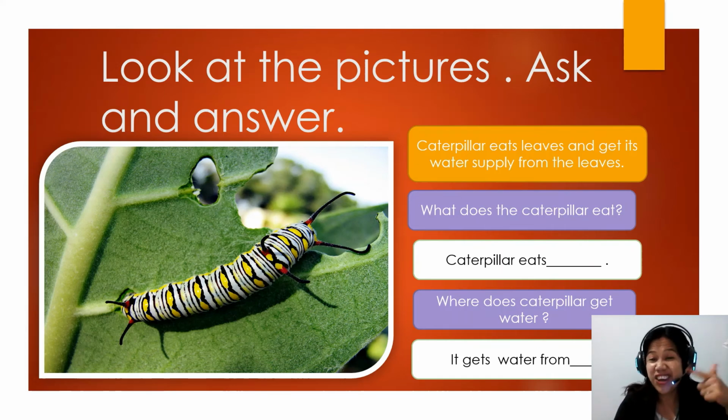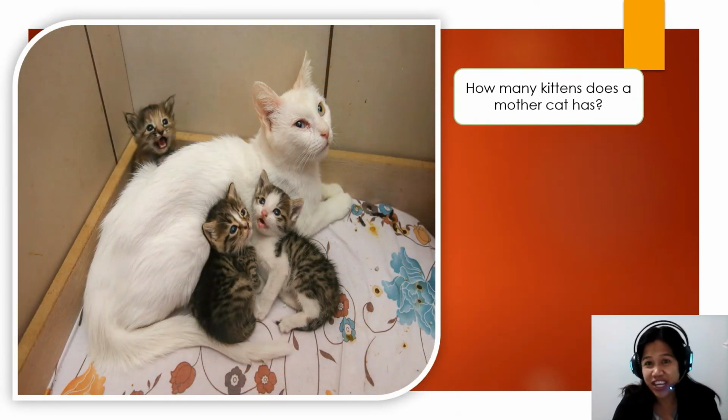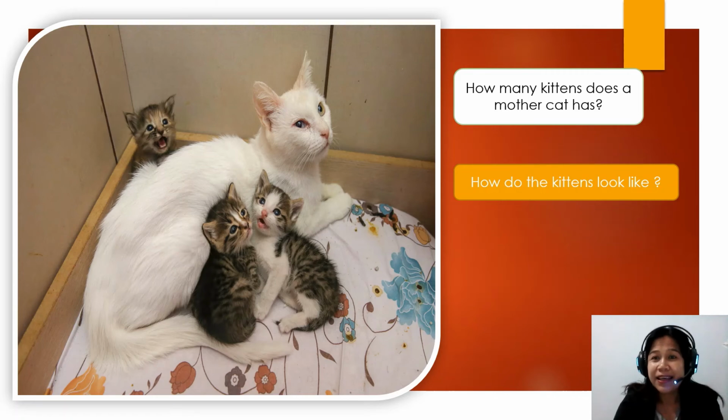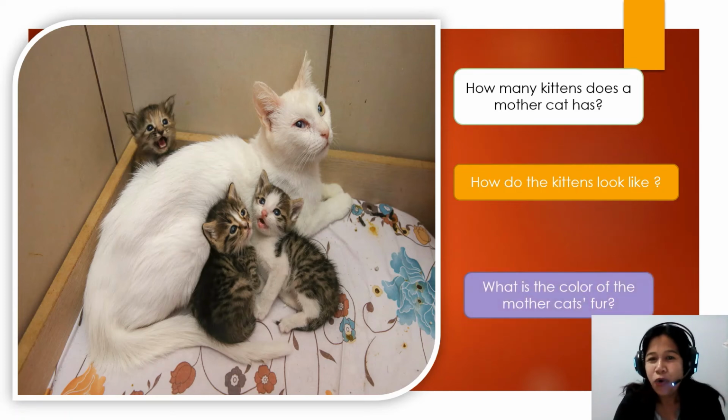Let's go to the next page. The picture is a mother cat with 3 kittens. Now, how many kittens does a mother cat have? That's the question. Answer. How do kittens look like? What is the color of the mother cat's fur?